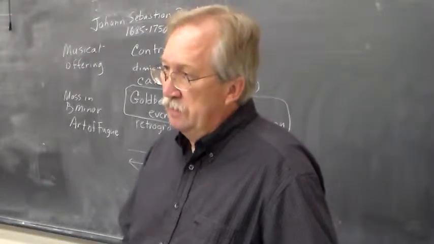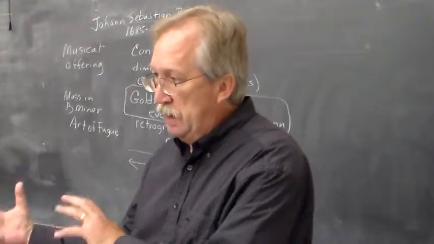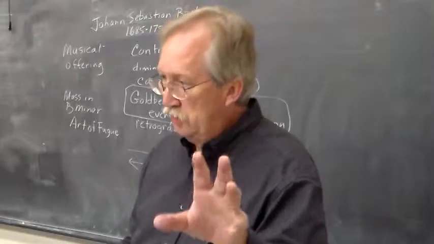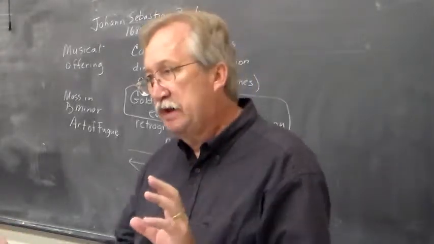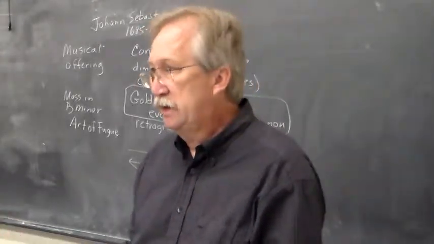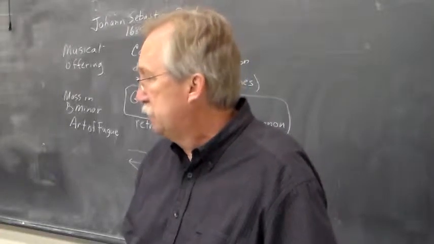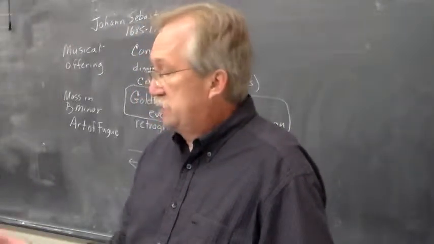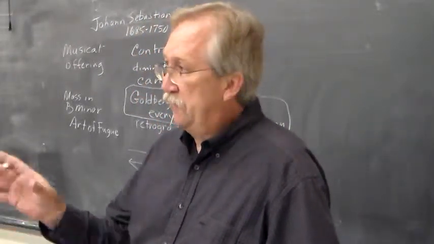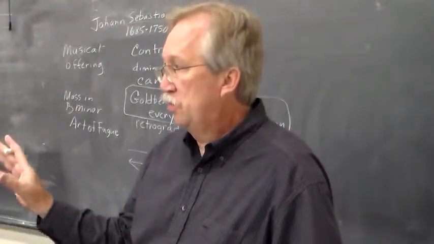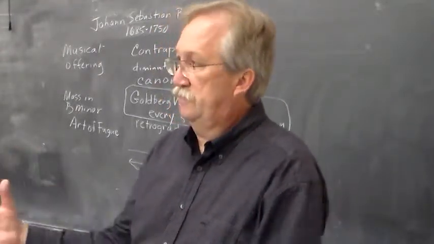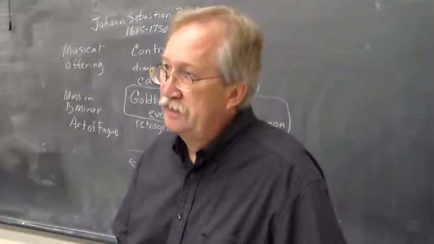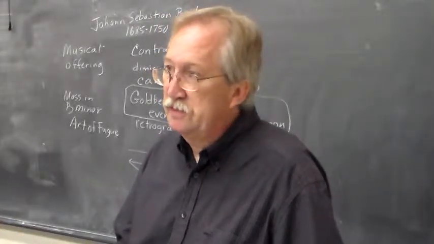Bach would often use the same melodies for movements of his cantatas, so he would kind of recycle some of his thematic ideas at times. But Bach is the biggest influence of any composer on Western European music, forever after he's died. He's still a huge influence.